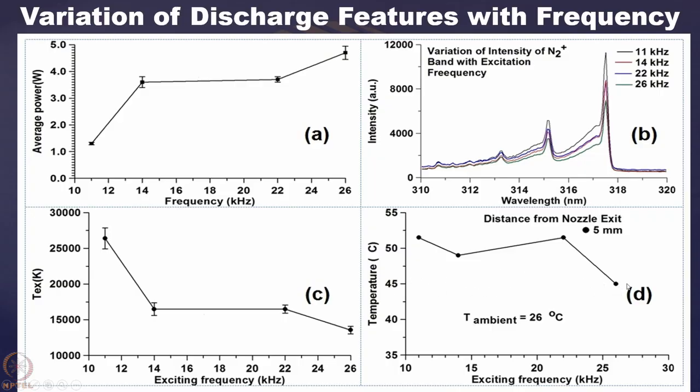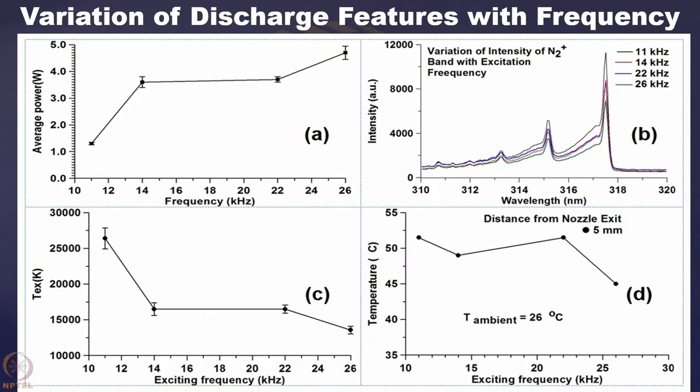So we will operate, depending on the kind of application, at a suitable frequency so that this temperature is below 45 degrees centigrade. So here we can use it even for human cells. Then if you want to reduce the gas temperature, at that time you can even bring your specimen to be treated to a certain distance from the nozzle exit so that you can get the required temperature.